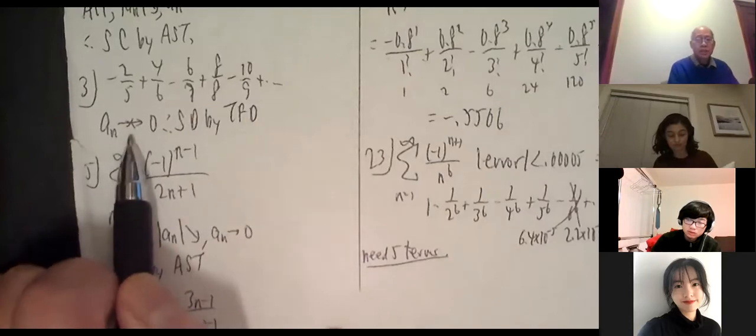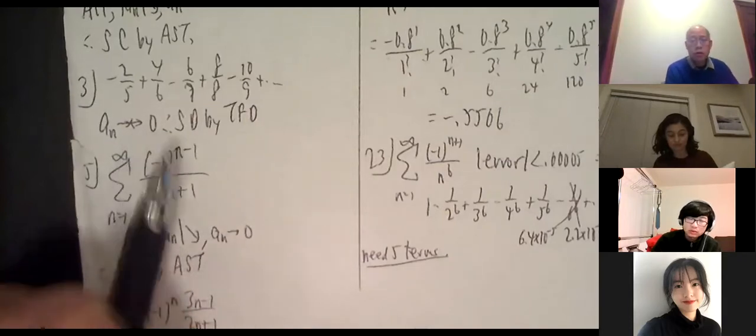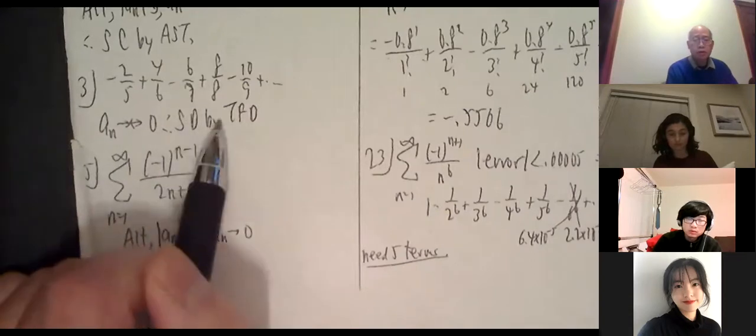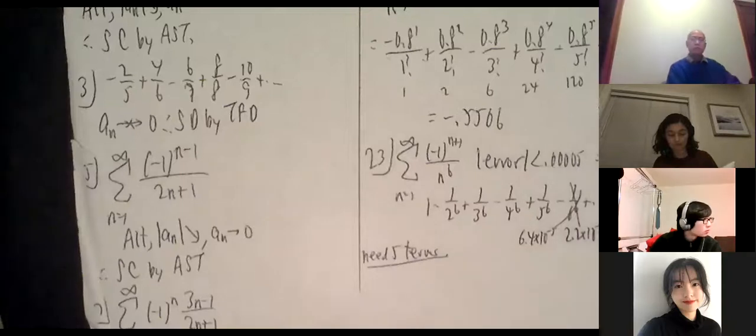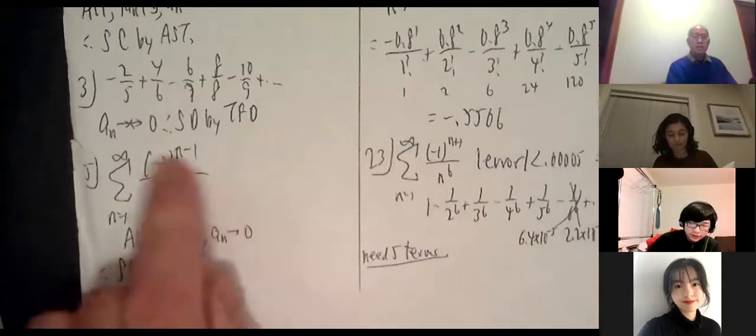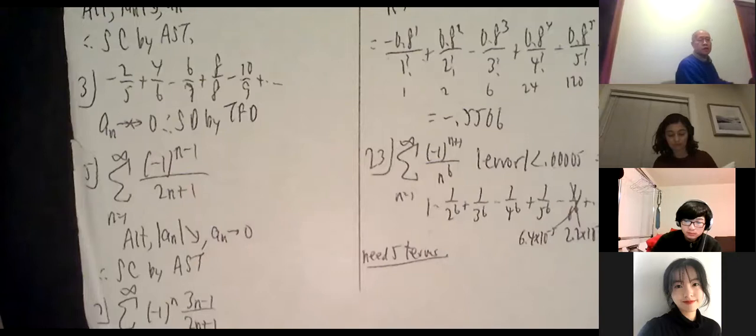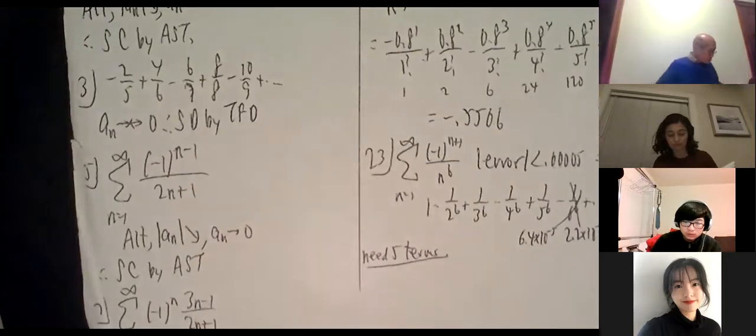Okay. So if a sub n does not approach 0, automatically the series diverges by the test for divergence, TFD, way back in section 2. Let me see if I can show that to you quickly. 11.2, test for divergence, page 713.